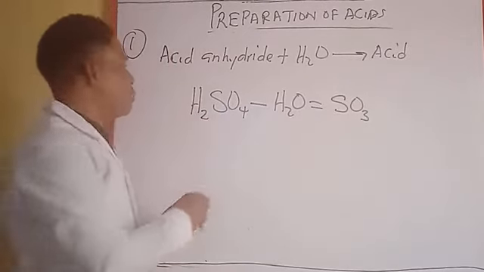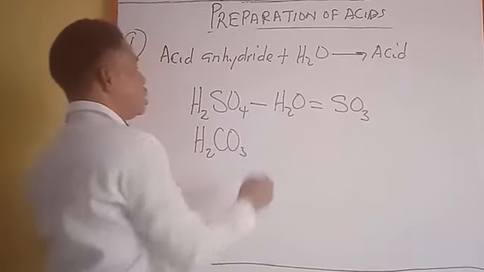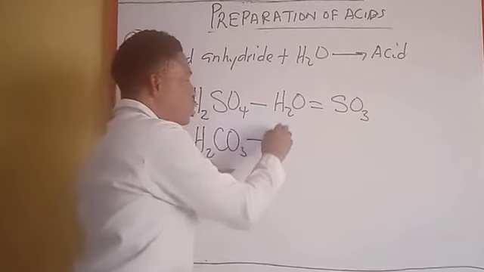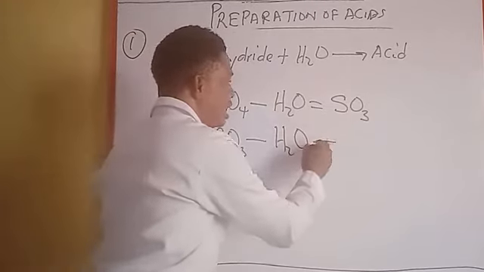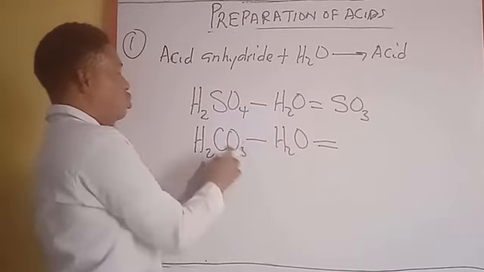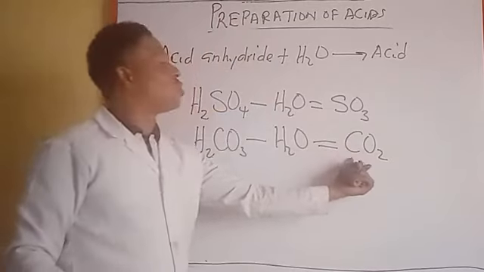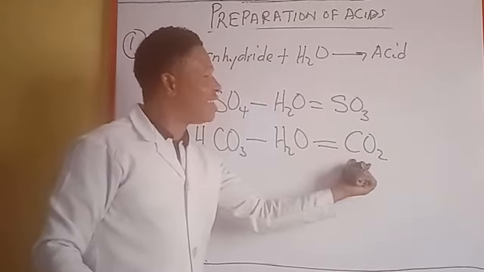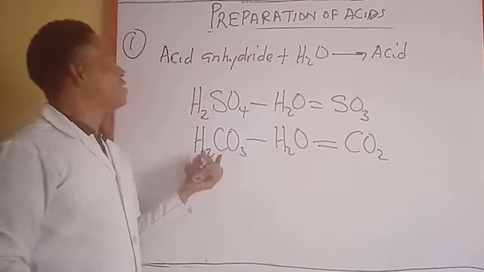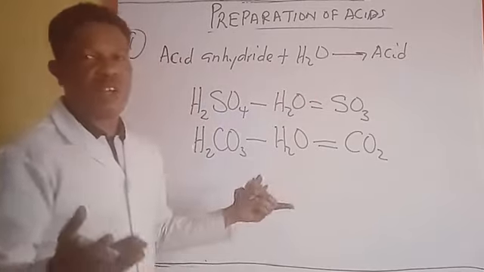Now let me give you another example. Look at H2CO3. This one is an acid. Minus water from it to get the acid anhydride. When you remove two hydrogens, they are gone. Remove one oxygen. What you have left is CO2. So carbon(IV) oxide is the acid anhydride of this acid. When I say the reaction between acid anhydride plus water, you now understand what I'm saying.